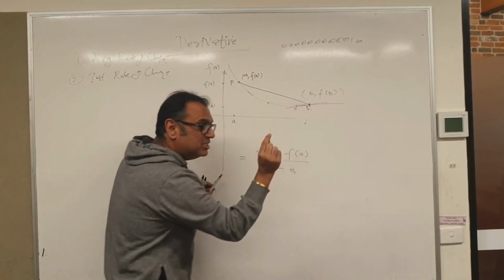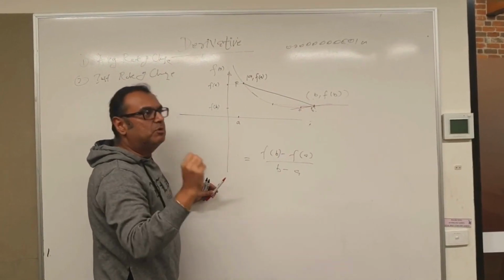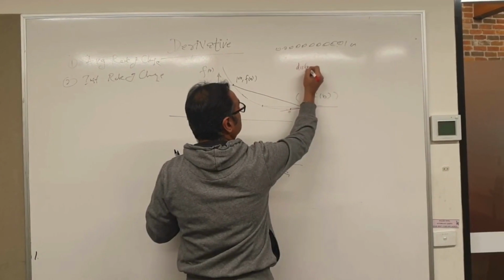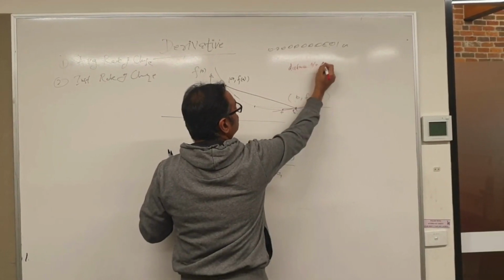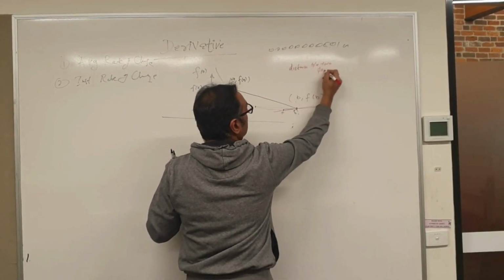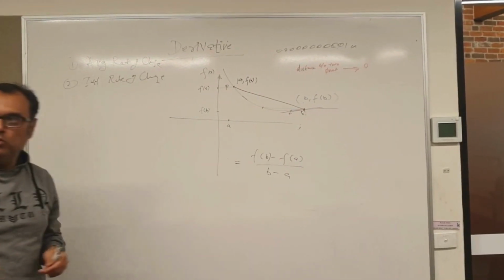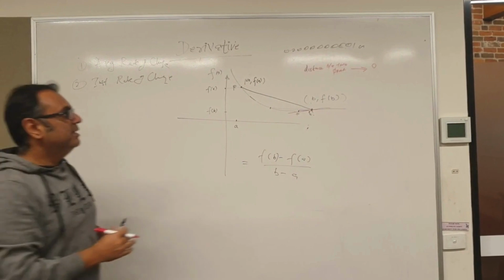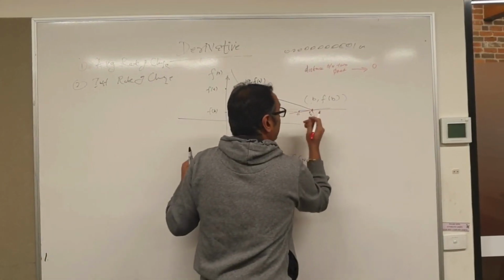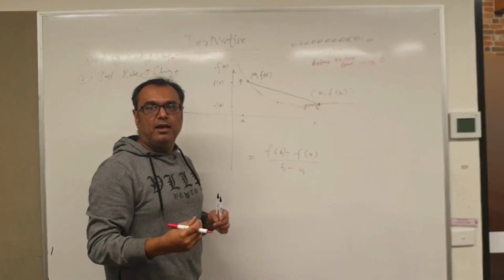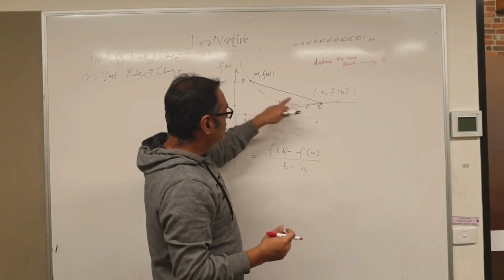So now, when the distance between the 2 points is negligible, if the distance between 2 points approaches 0, not equal to 0, approaches 0, then it appears that the 2 points are one on top of the other. And then this was a chord, right?